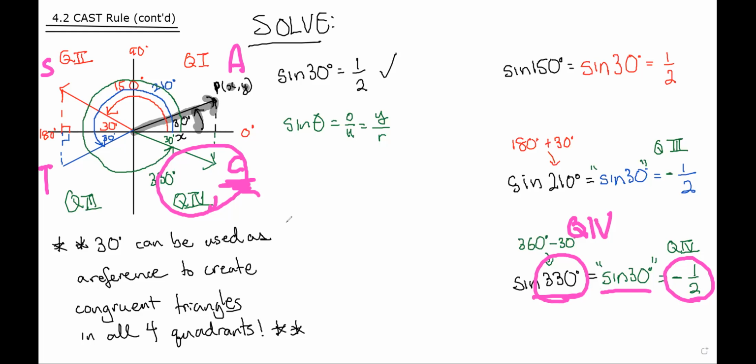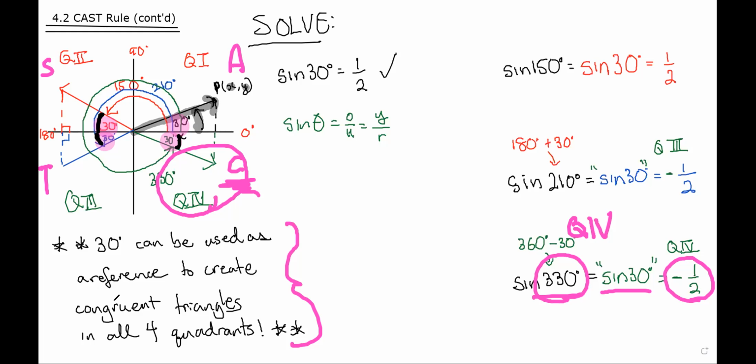Before we get to those questions, I want to bring a little bit of attention to this. Notice how 30 degrees, 30 degrees, 30 degrees, and 30 degrees, every single one of these triangles had an interior angle of 30 degrees. Long story short, the angle that we use for quadrant 1, we are going to essentially pretend it's the same angle here.